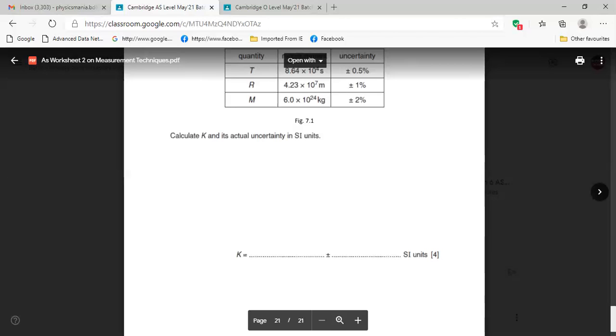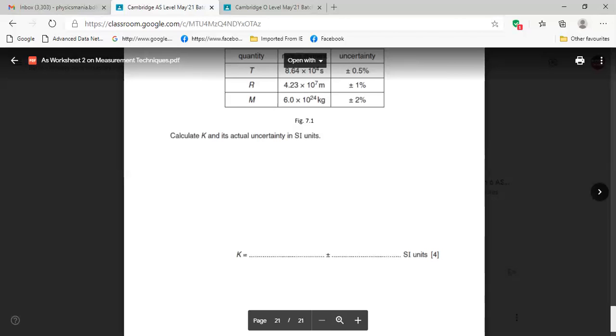No, it's not like that. One thing you check: we have T square, right?